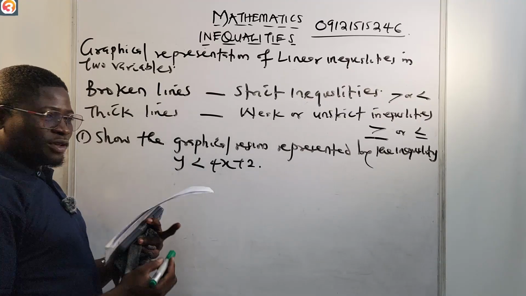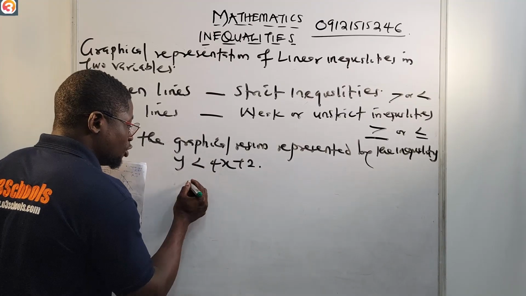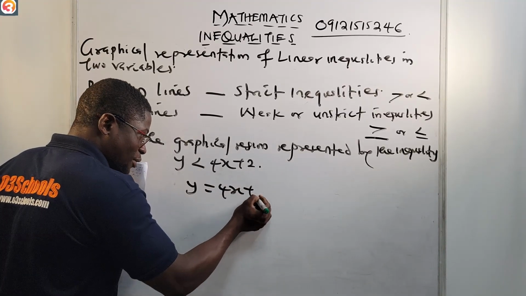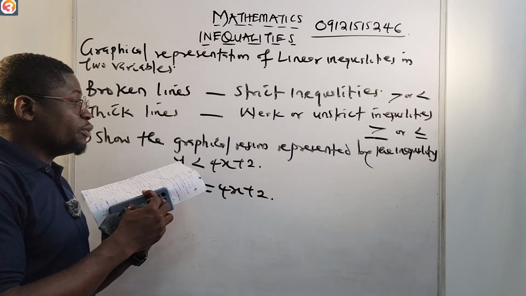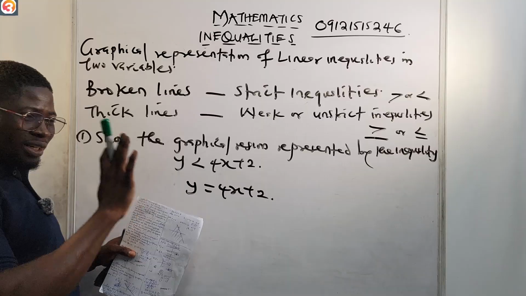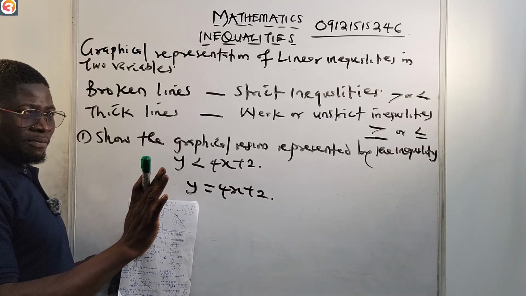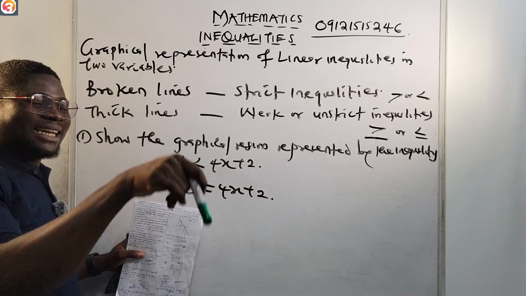If it was a linear equation, it would be y equals 4x plus 2. This is what we do whenever we want to draw the graph of an inequality. We look for the linear equivalent of the inequality.